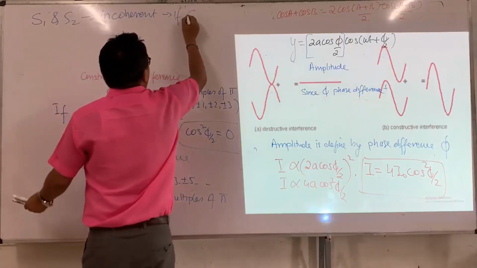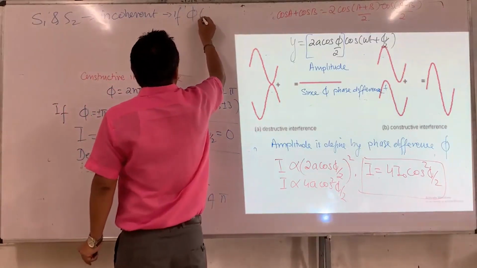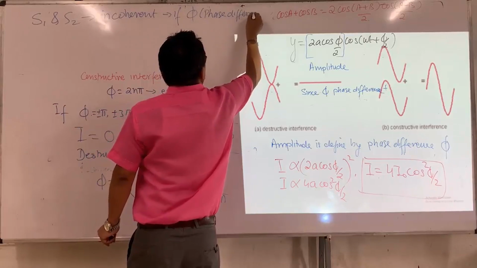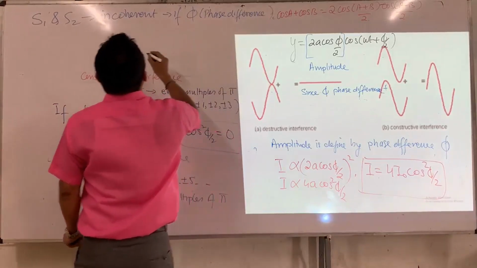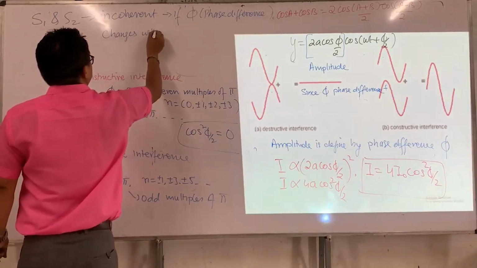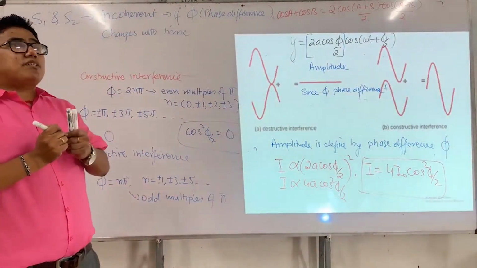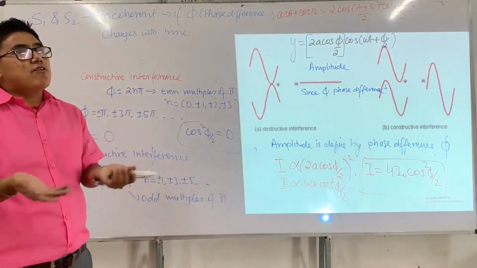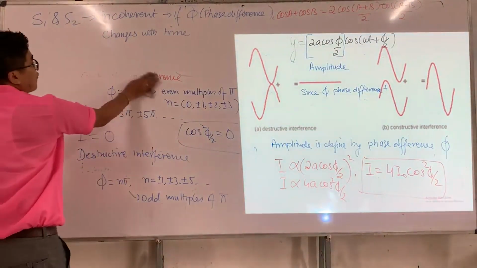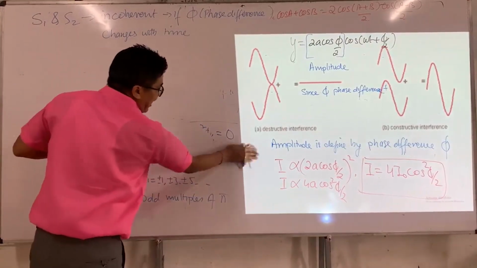If phi, that is the phase difference, changes with time, then I'm going to find the average. So the phase difference is not constant, it is changing with time.